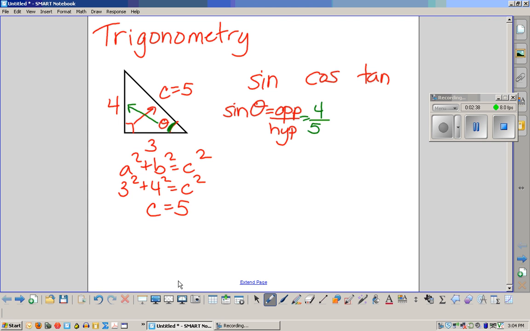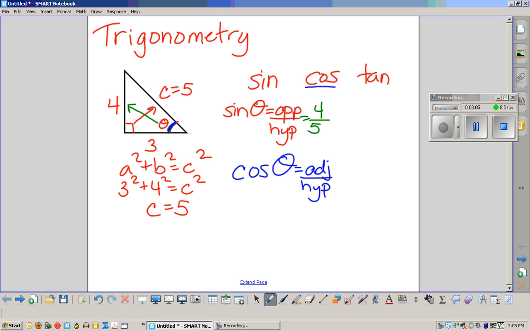The next ratio is cosine. I'll do that in blue, the cosine of theta. We're still looking at that same angle, but the ratio of cosine is adjacent side over the hypotenuse. Adjacent means that it's the side that's next to the angle, the side forming that angle theta.